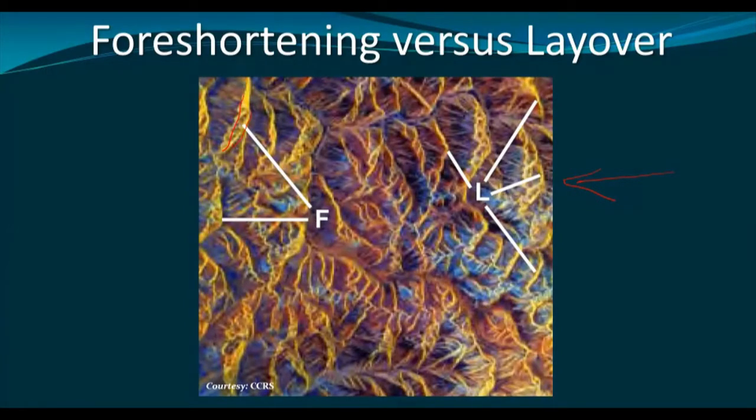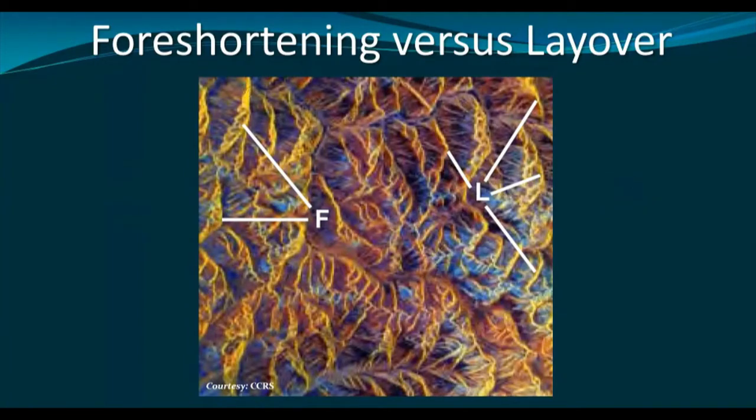It has been shortened, but it is visible. The foreside can be seen. But in case of layover, the foreside will not be visible at all. And it appears like the terrain top is overlaying the base of the slope.